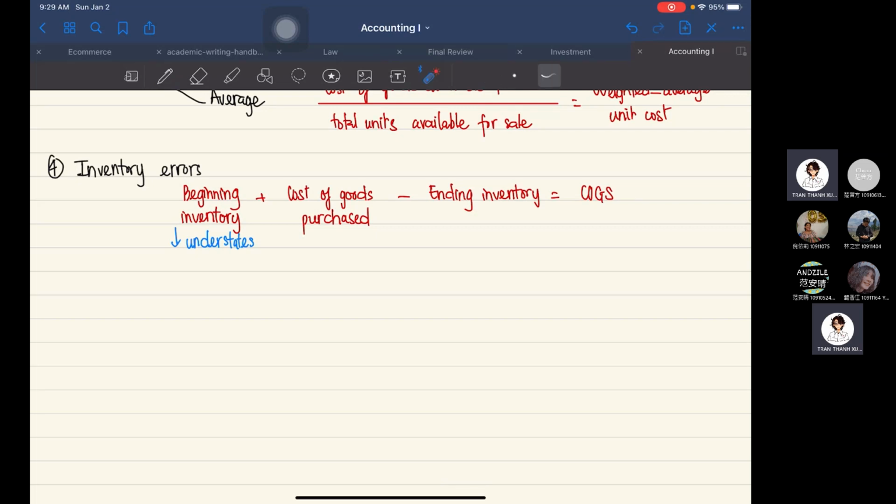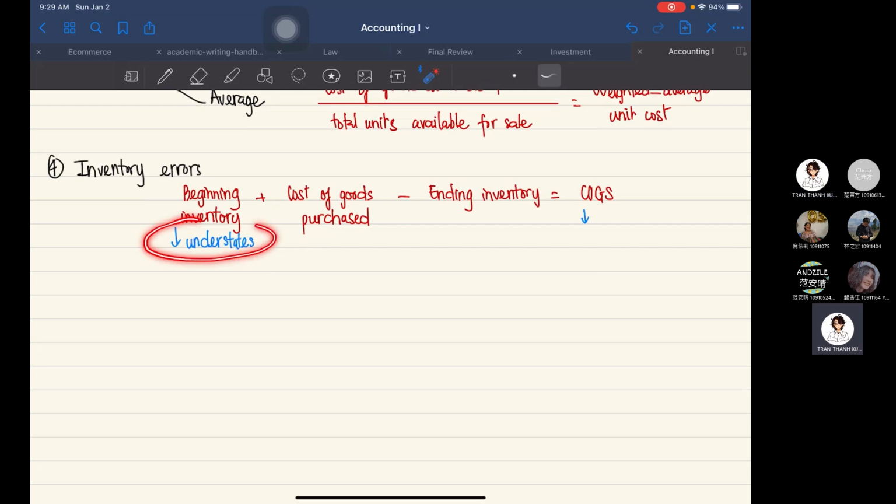If the beginning inventory was understated, its value is lower than it should be, which means the cost of goods sold is also lower than the actual value. This leads to a higher net income, because cost of goods sold is part of the net income calculation.